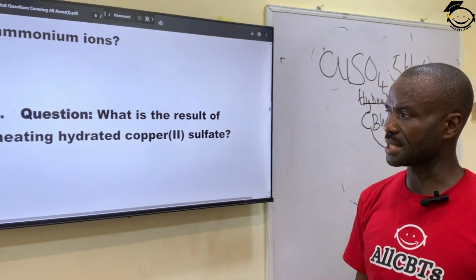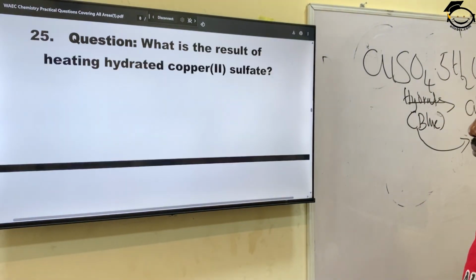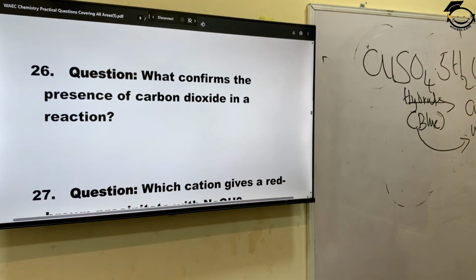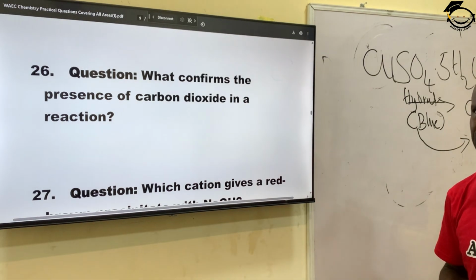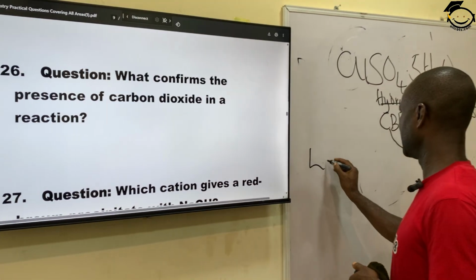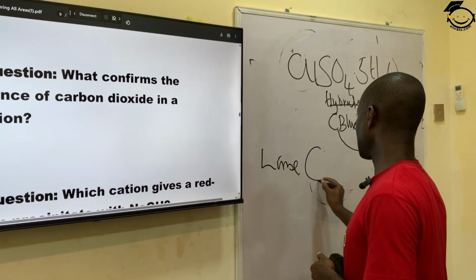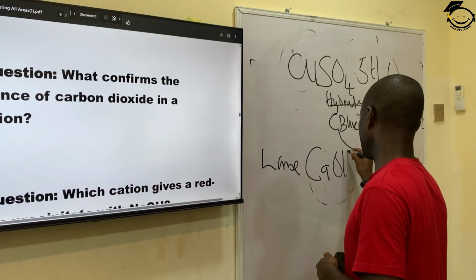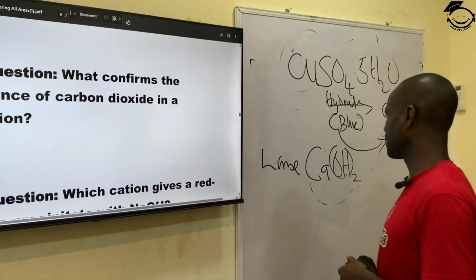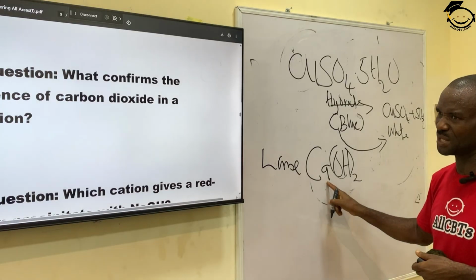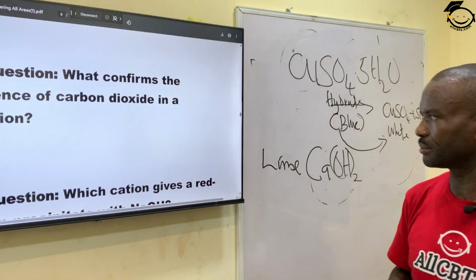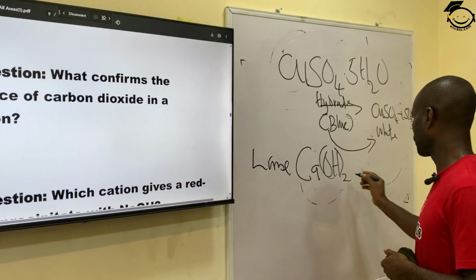Question 26 says, what confirms the presence of carbon 4 oxide or carbon dioxide in a reaction? We can confirm carbon dioxide using a reagent called lime water. Lime water has the formula calcium hydroxide. When you bubble carbon dioxide into lime water, it gives you a white precipitate.